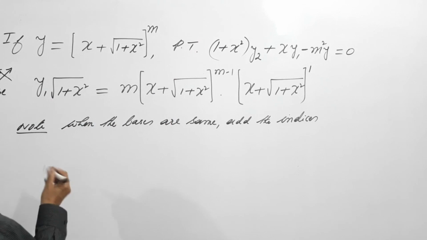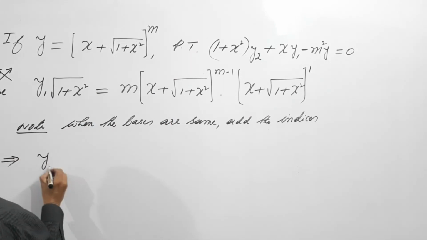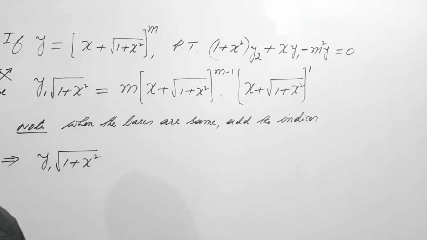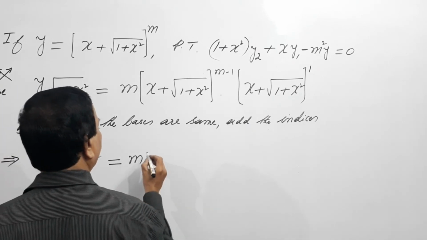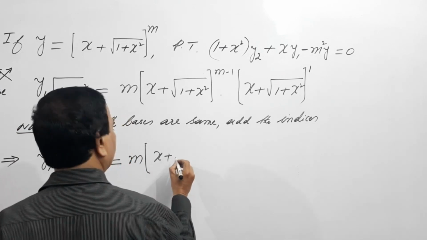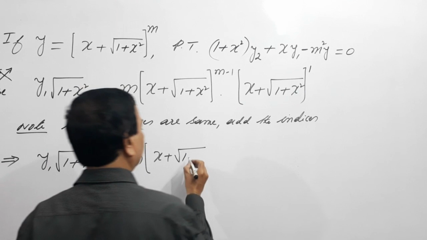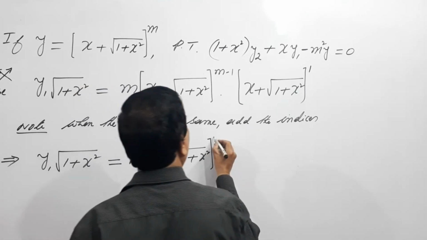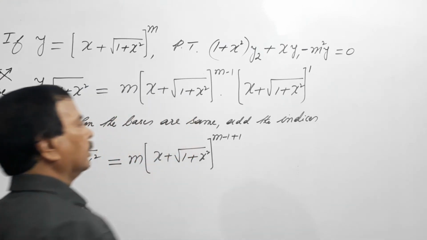On the left hand side, y1 into 1 plus x square equals to m into x plus under the root 1 plus x square to the power of m minus 1 plus 1, isn't it?